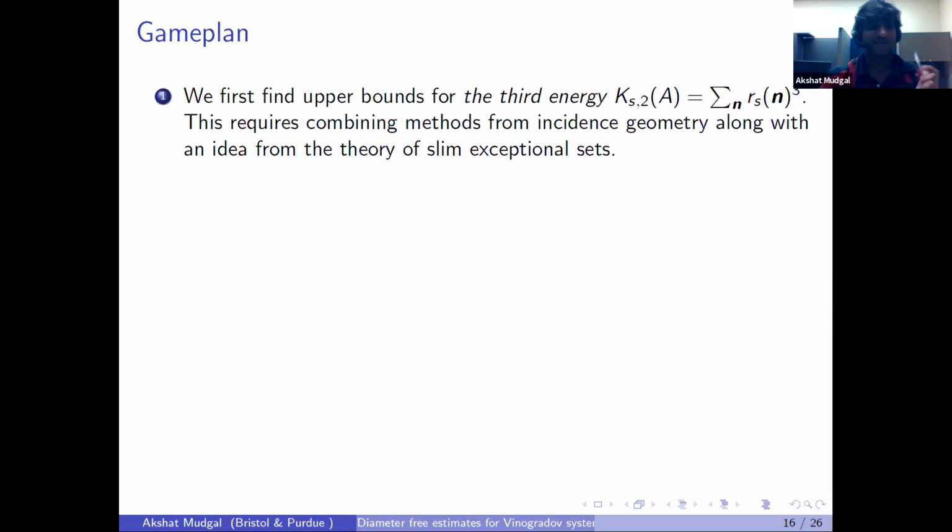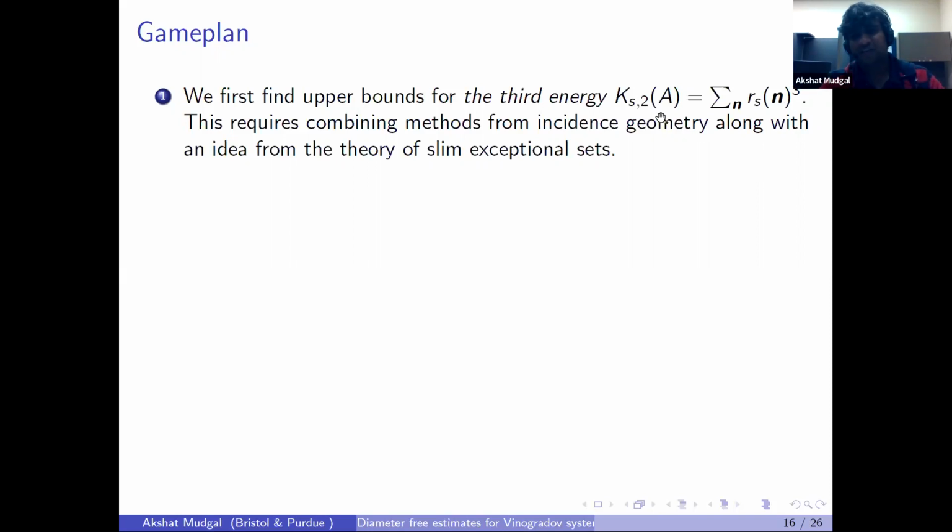And so we have a four-step game plan. Step 1 is, instead of considering J_s,2(A), we'll consider what is called the third energy. This is just some ad hoc notation, but I want you to remember that the third energy is just the third moment of the representation function. A couple of slides before, we saw that J_s,2(A) is the second moment of the representation function, as in J_s,2(A) is this formula, except you have a 2 instead of a 3.